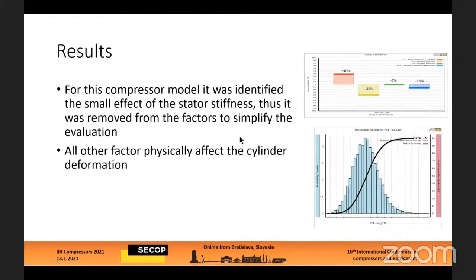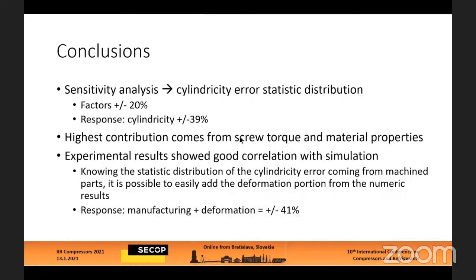And at the end, we have this statistical distribution of the cylindricity. With this in hand, for a given variation of plus minus 20% of each factor, we have a response of changing plus minus 39% only on the deformation.